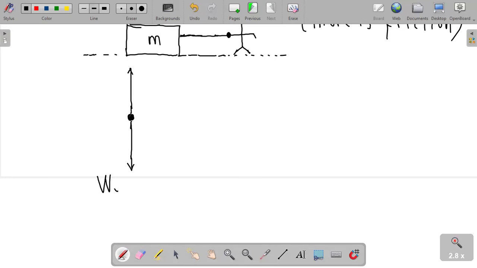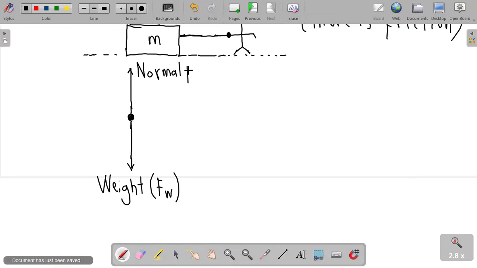The weight always goes down directly. Weight or FW. Right. And then there is the normal force, Fn.